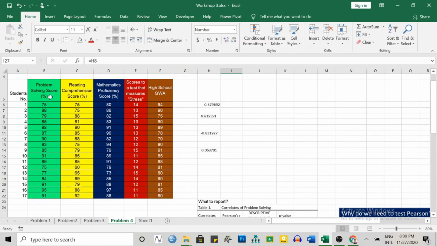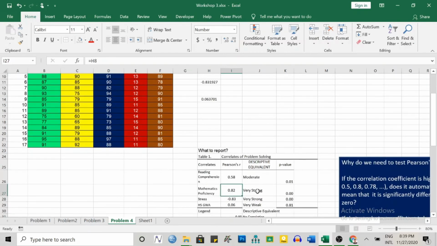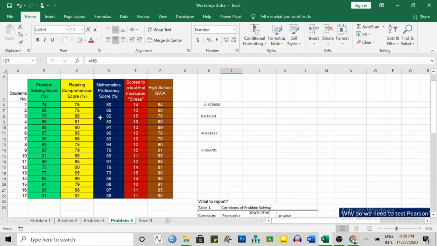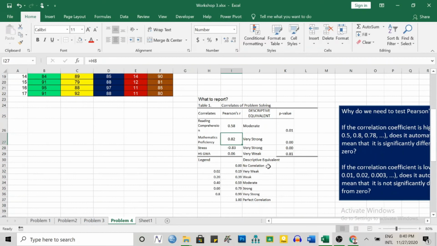This means that if the problem solving score of a student increases, the tendency for its mathematics proficiency is to also increase, and the chance of that happening is very strong. Also, if the mathematics proficiency of a student decreases, the tendency for its problem-solving score will also decrease. It's a two-way relationship. How about the third one?